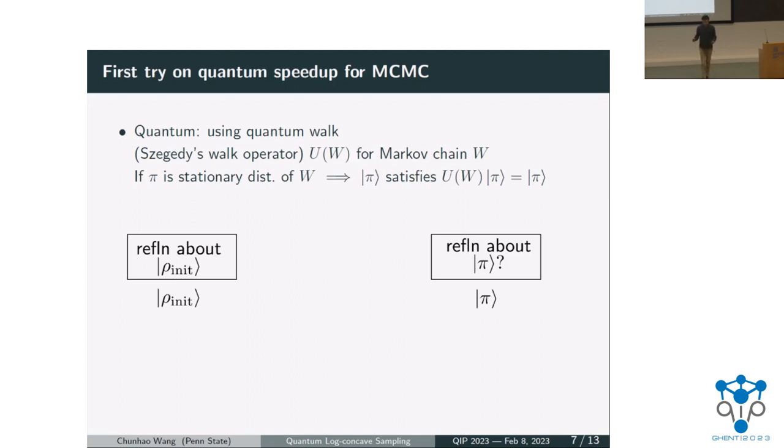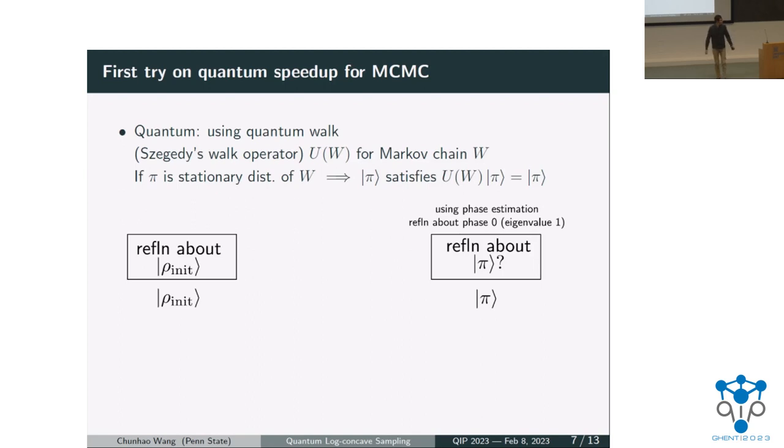Recall that for any unitary operator, the eigenvalues are of the form e^{i phi} for some phase phi. So if the eigenvalue is 1, the phase is 0. We can use phase estimation to detect this zero phase, and then reflect about it. Then we can implement the reflection about the target distribution state.